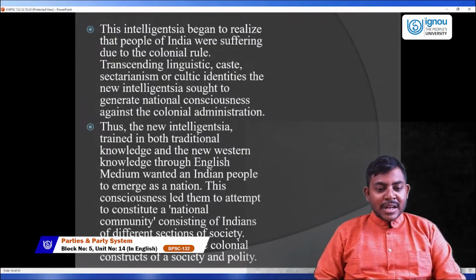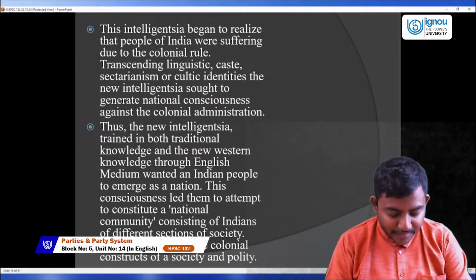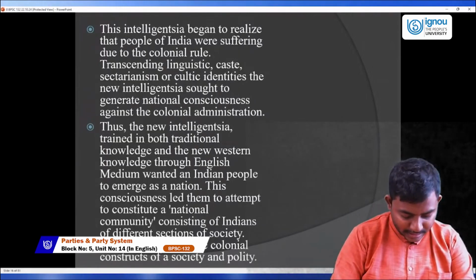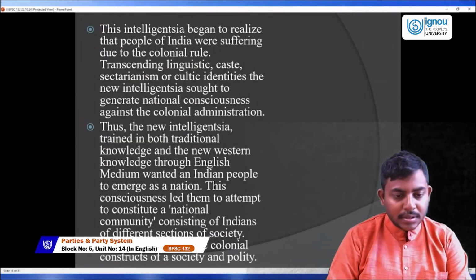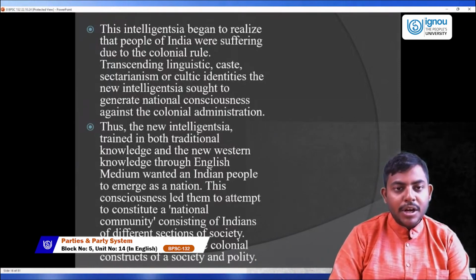This consciousness led them to attempt to constitute a national community consisting of Indians of different sections of society. This was to contest the colonial constructs of society and polity.